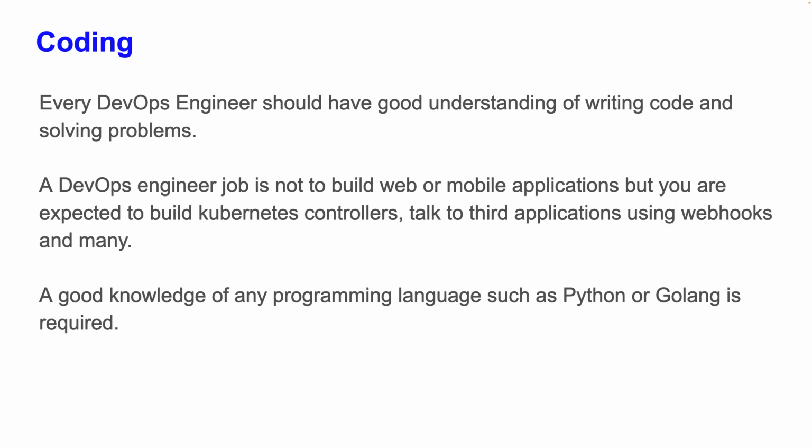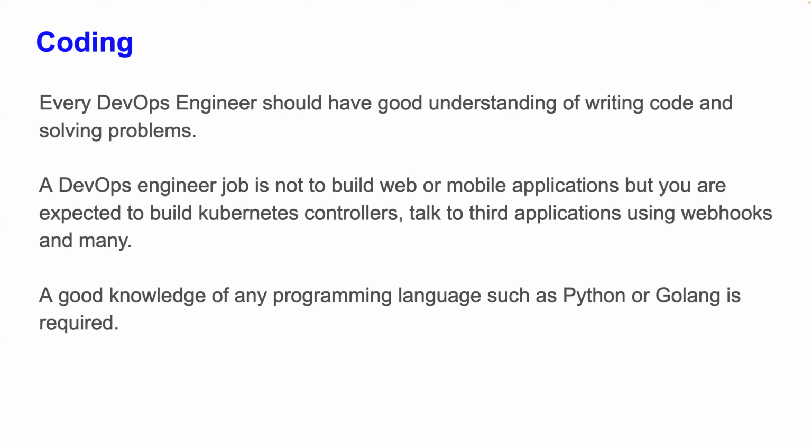And then coding. Most people say that coding is not required for DevOps. I've seen a lot of videos on YouTube saying that you don't have to learn coding, or that you can switch your career to DevOps because there is no coding. But I don't really agree with it.